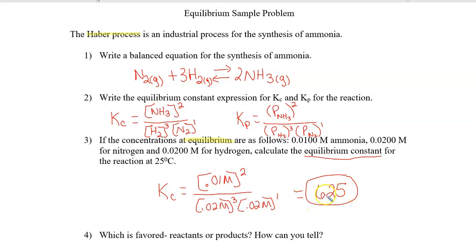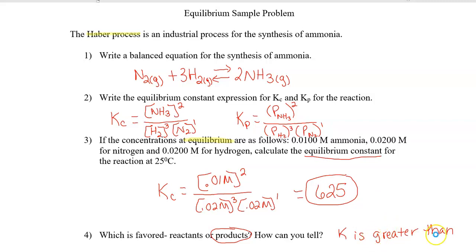And there is a rule: if K is more than 1, then the products are favored in this reaction, in terms of molarity in this case, because K is greater than 1. That'll make more sense as we continue on. We're going to see it with acids, with some bases, and with some Ksp. It's going to tell us which way this reaction favors before it gets to equilibrium.